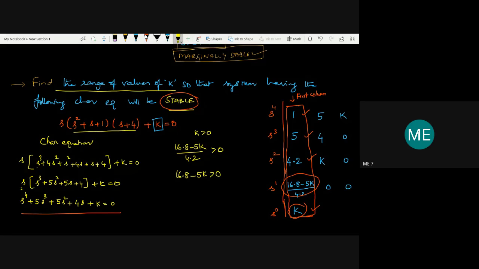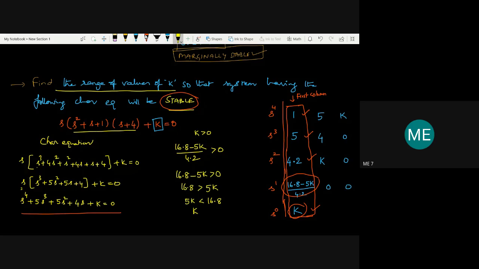Then if I take the minus 5k to the other side, so very importantly with inequalities, if I put 5k on this side and 16.8 on that side, then it becomes 5k is less than 16.8.